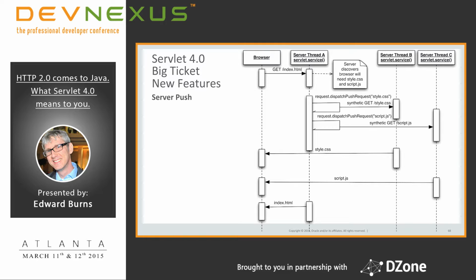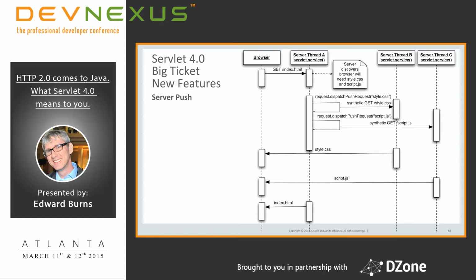So it could do a dispatch push request for both of those things, which would basically be a synthetic GET to itself, which would be invoked on a separate thread for each one. And those separate invocations of service for these follow-on resources would start sending their bytes to the client before the server sent down the index HTML.